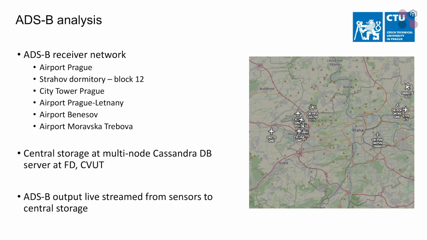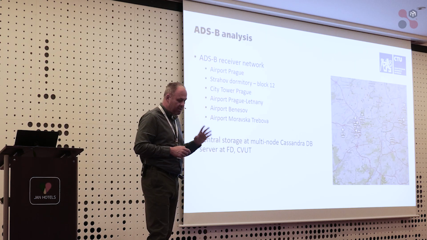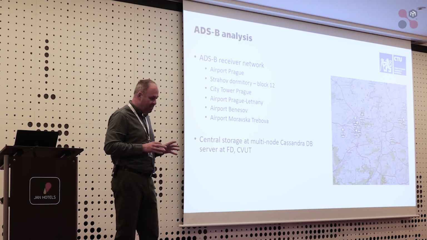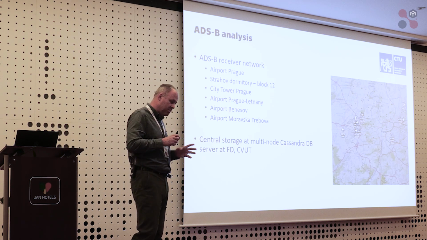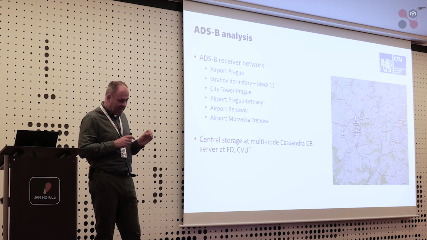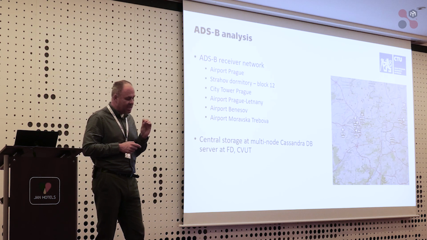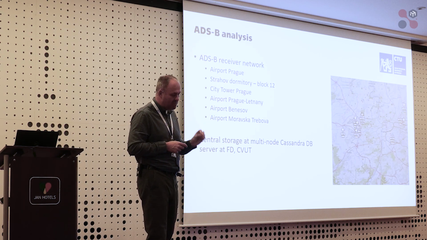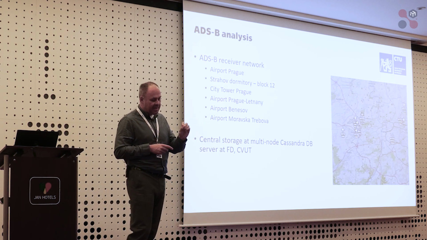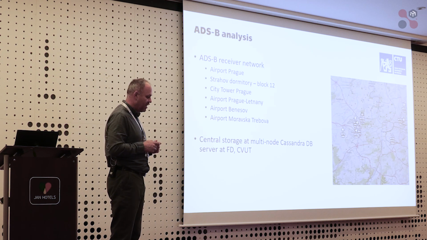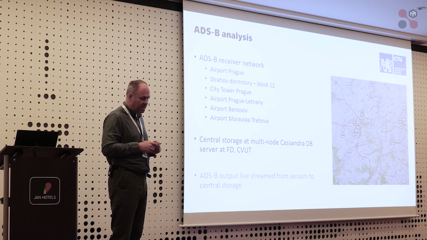We have receivers in different places with central storage, and we use a Cassandra database, doing some big data magic with that, trying to analyze it and find specifics. Especially ADSB nicely shows if there is GNSS or GPS jamming. There are specific ways to find that out from ADSB.